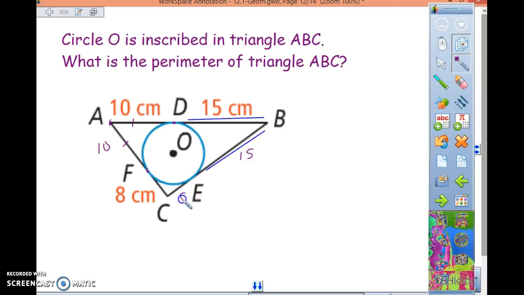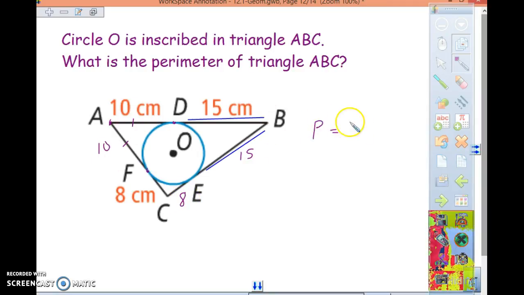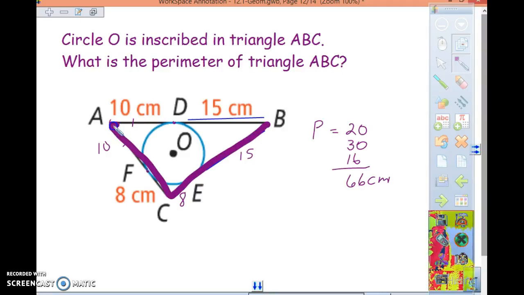Same goes for the 8 and the 8. So our perimeter is going to be the two 10s added together, the two 15s added together, and the two 8s added together. So 66 centimeters, because remember, perimeter is just the distance around an object.